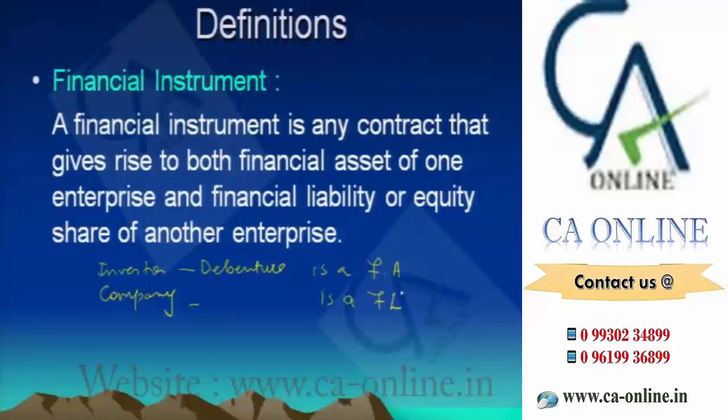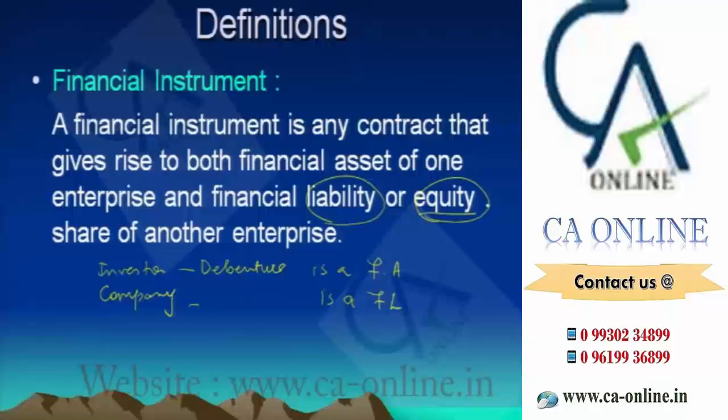Next example, equity share. For the investor, equity share is a financial asset. For the company which has issued equity share, it is an equity. It can be a financial liability or equity of the other enterprise. Is it right? These are 2 simple examples.